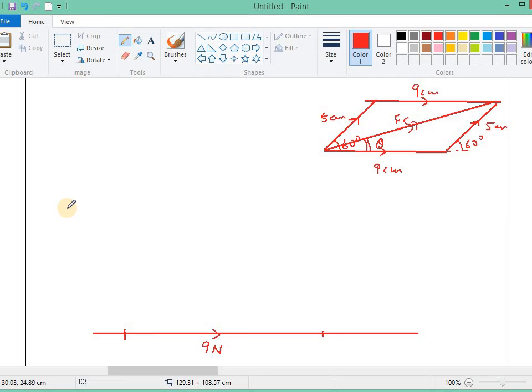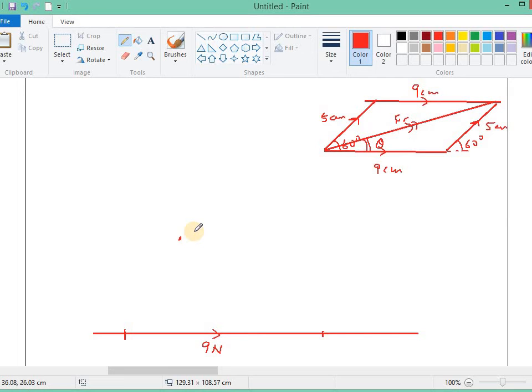After that we use the protractor to measure 60 degrees.